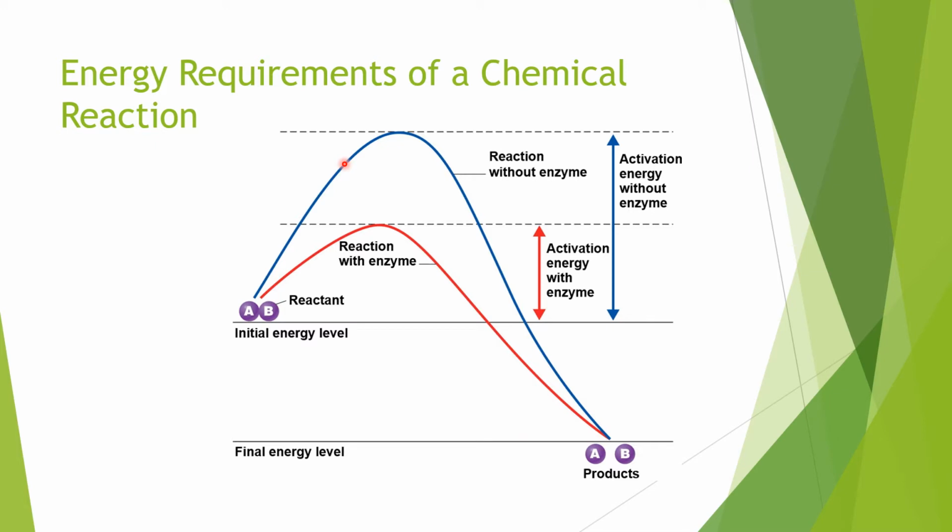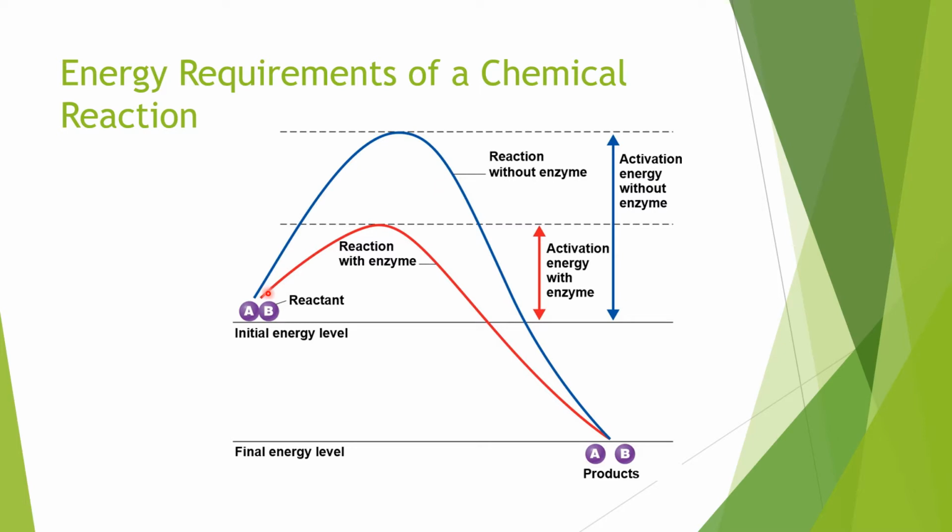Now, if this reaction is taking place without the enzyme, notice how big that activation energy is. If we add enzymes, the enzyme is going to lower that activation energy. So see how huge that activation energy is?